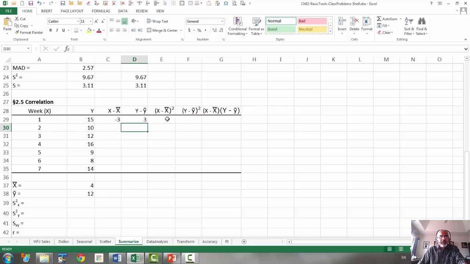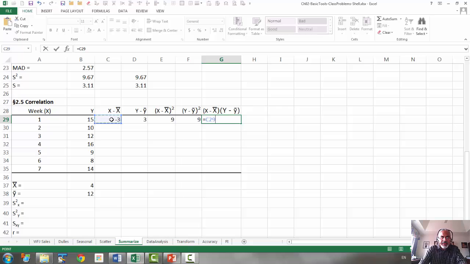Then you take the x minus x bar and square it. Then take the y minus y bar and square that. And then we go x minus x bar times y minus y bar.